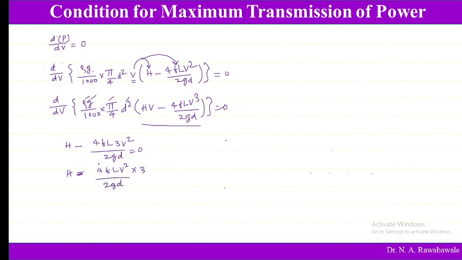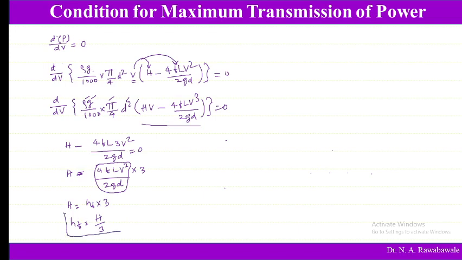This term is nothing but the head loss due to friction. So 3v² is written as v² with 3 taken outside. So here h can be written as hf into 3, or head loss due to friction is equal to h divided by 3.